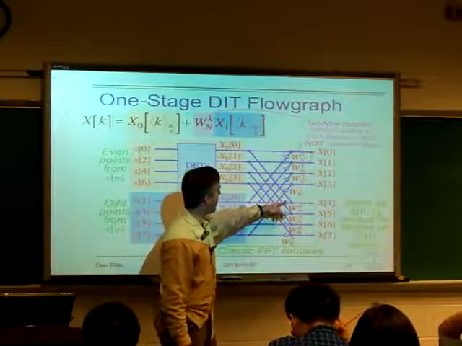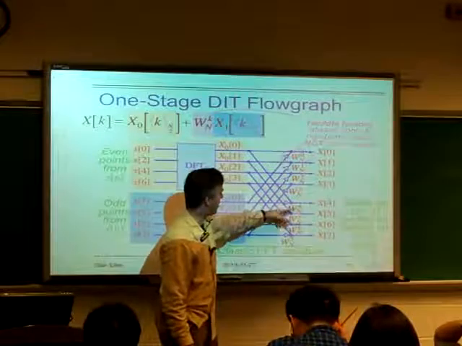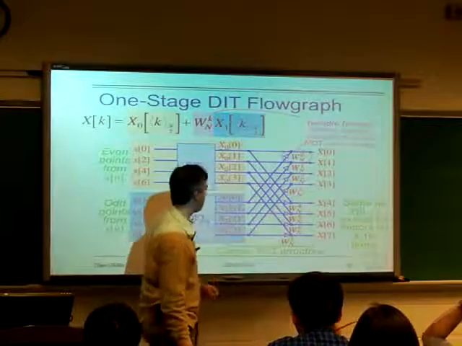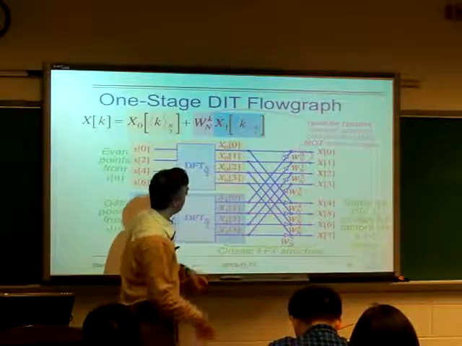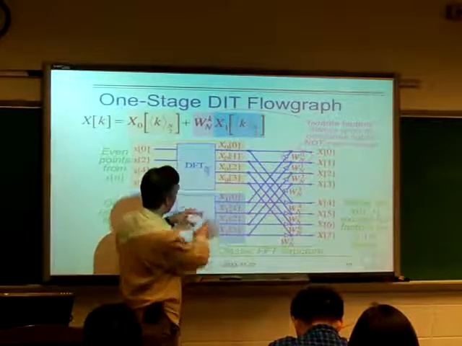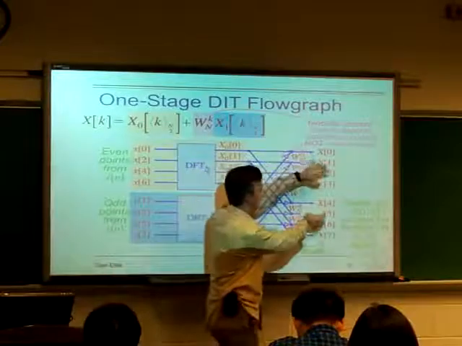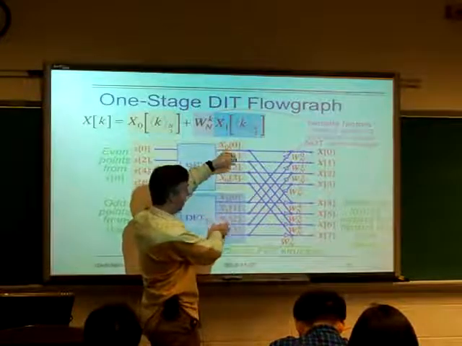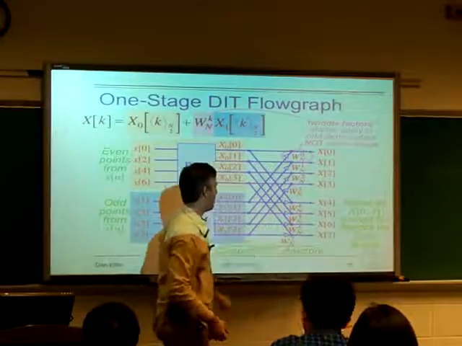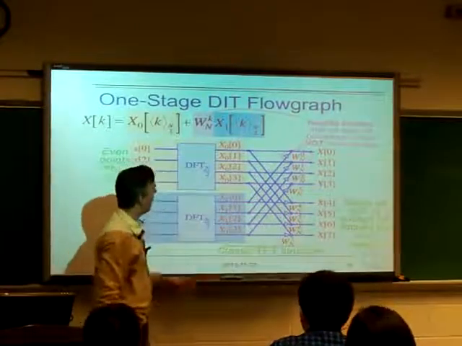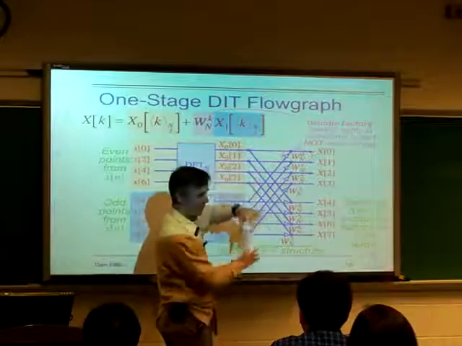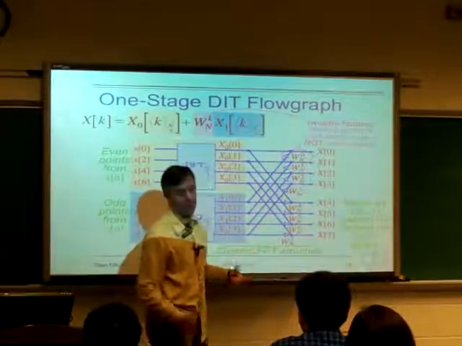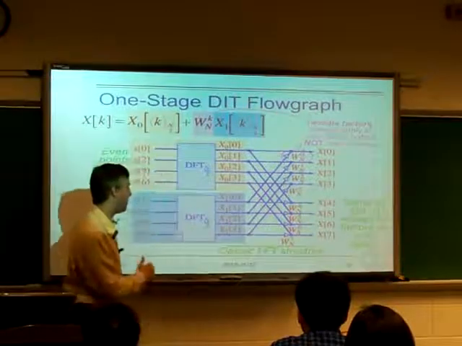The only difference is that now these constants are different values of W. This picture shows how we construct these big N values from 2 sets of big N/2 values with these twiddle factors applied. And this crossing structure is the classic thing you'll see in descriptions of the FFT.